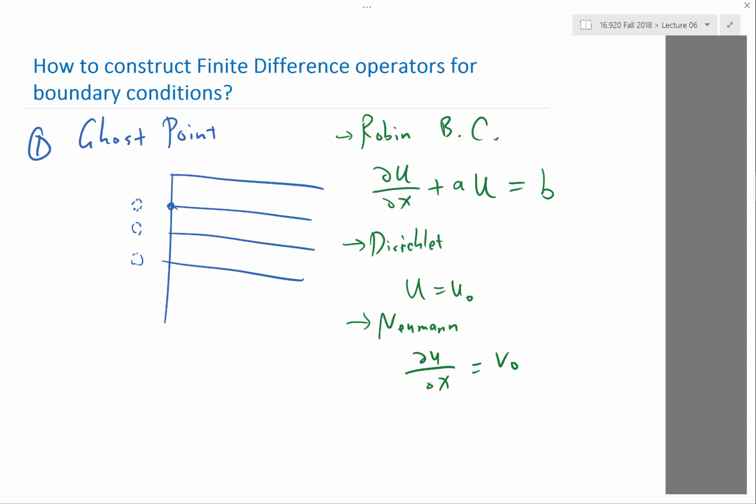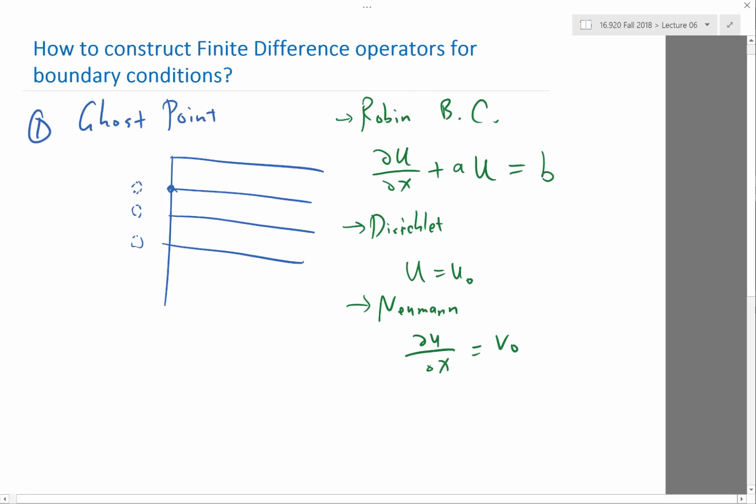So for example, I can easily construct a case where I have an environmental temperature and I also have the temperature on the boundary. Then the heat flux is proportional to the difference between the environmental and the boundary temperature. That's naturally a Robin boundary condition, right?